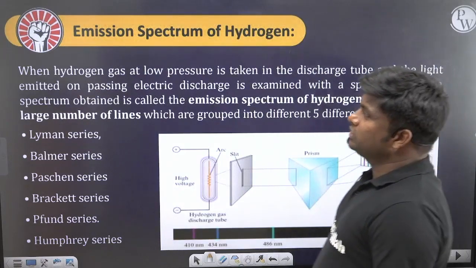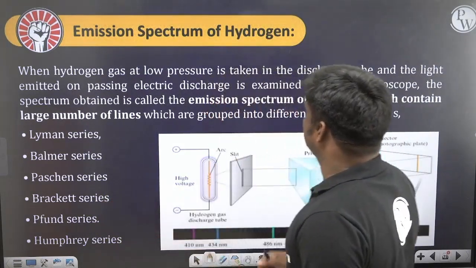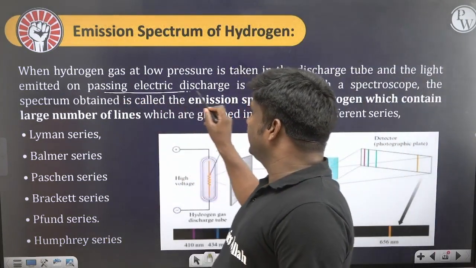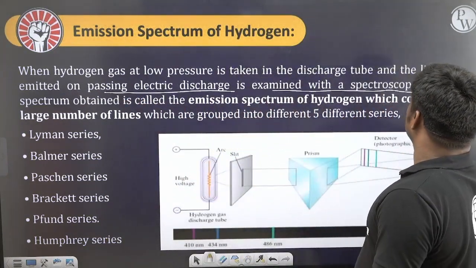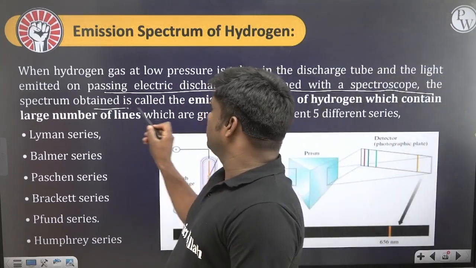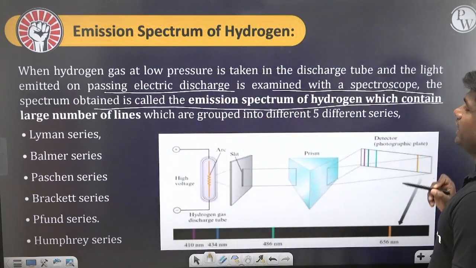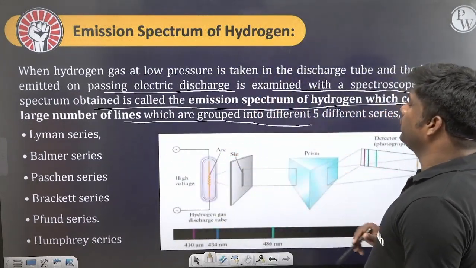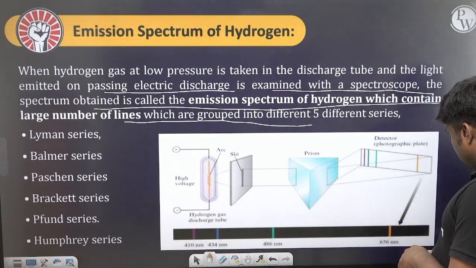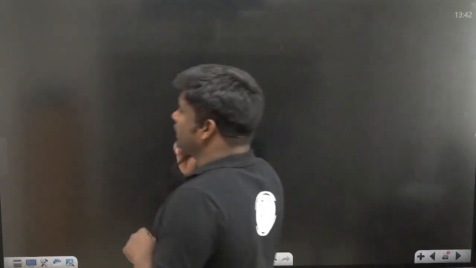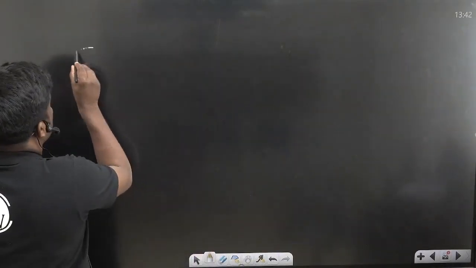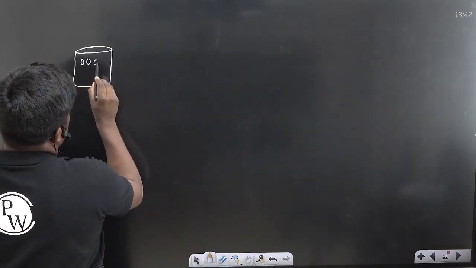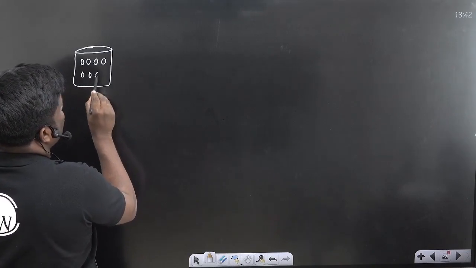Hydrogen spectrum means when hydrogen gas at low pressure is taken in the discharge tube and the light emitted on passing electric discharge is examined with a spectroscope. The spectrum obtained is called the emission spectrum of hydrogen, which contains a large number of lines which are grouped into 5 different series. See carefully now. Bohr took some hydrogen gas in a container at what pressure?